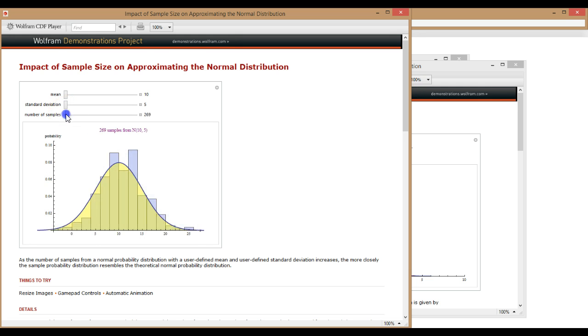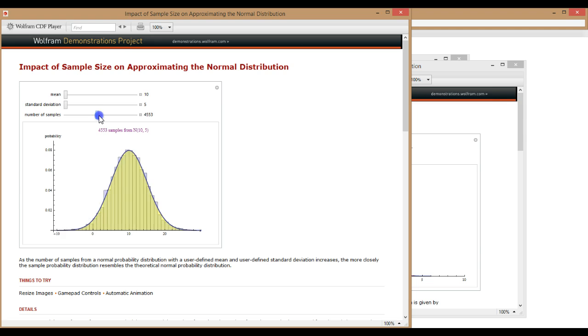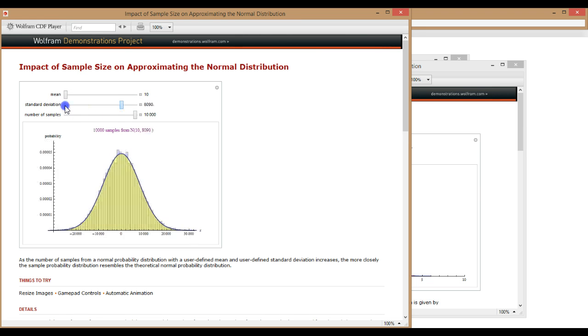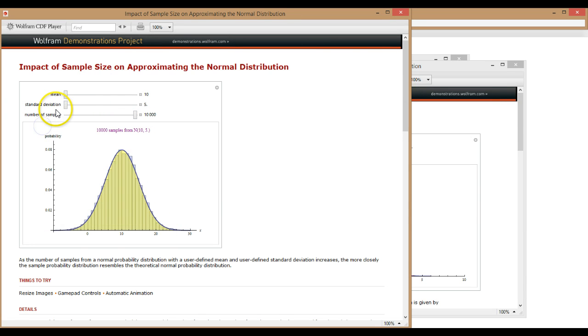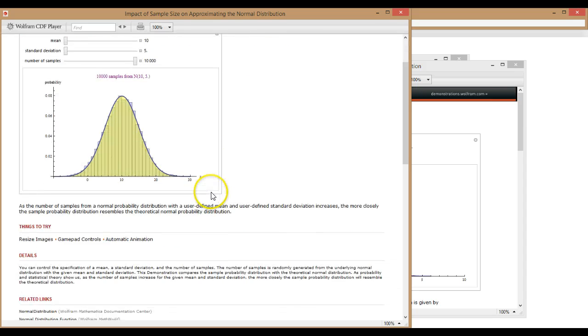But if you increase the sample, you see the histogram changing, and it looks more and more like normal. And it doesn't matter what kind of distribution you have. If you increase the sample to, I'm not sure what the max is, 10,000, then this is approximately a normal distribution. So that's what I meant by that. And if you increase the standard deviation, the scale changes. I wanted to show something different, but it's not showing here.